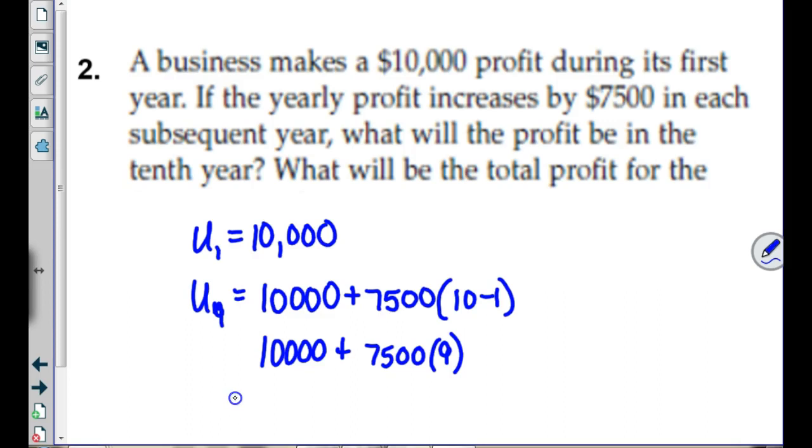And I don't know what that is. That was the 10th term, not the 9th term. Okay, so year 10, the profit would be this.